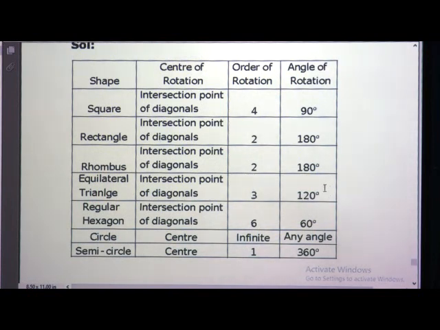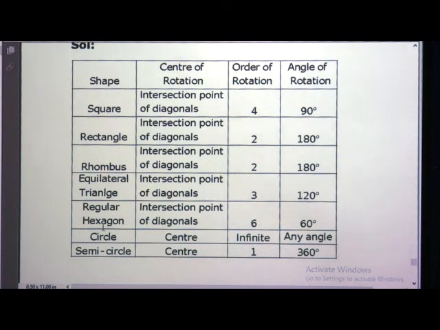So, the angle of rotation of an equilateral triangle will be 120 degrees. 120 degrees for the first rotation, then 120 degrees for the second rotation, again 120 degrees for the third rotation, it completes 360, and the equilateral triangle is again in its original position. So, the angle of rotation is 120 degrees for an equilateral triangle.